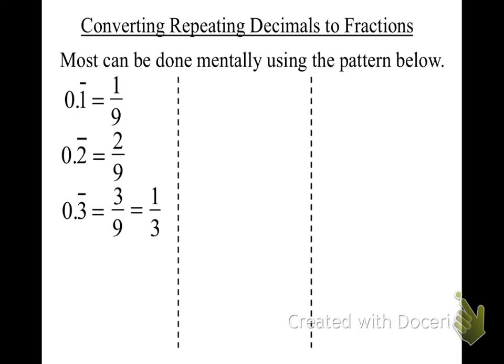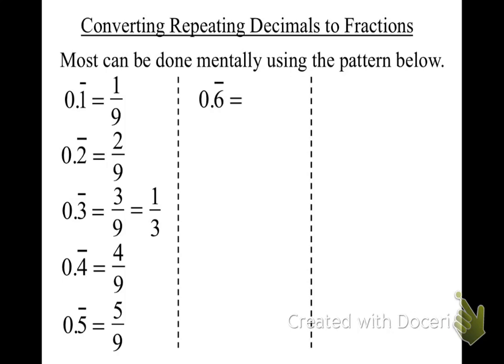That's one that you should have memorized, that 0.3 repeated is equivalent to 1/3. 0.4 repeated is 4/9. The pattern is, whatever is repeated goes in the numerator, and it's always over 9. Repeats always go over 9, so it would be 5/9.